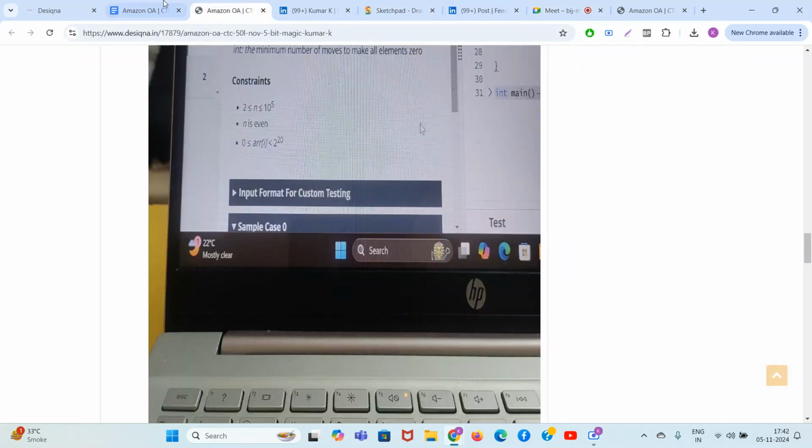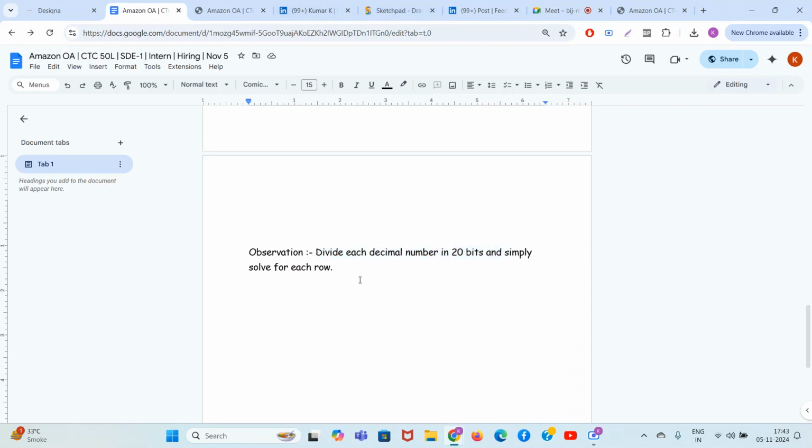If the count of 1s in even a single row is odd, then the answer is 2. Okay, I hope that's clear.